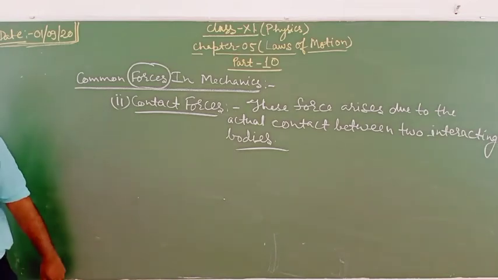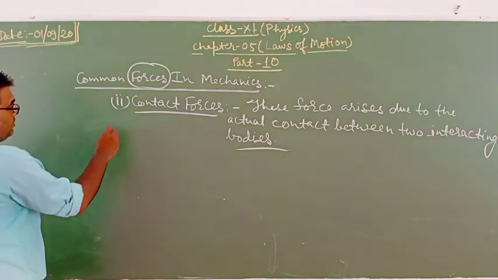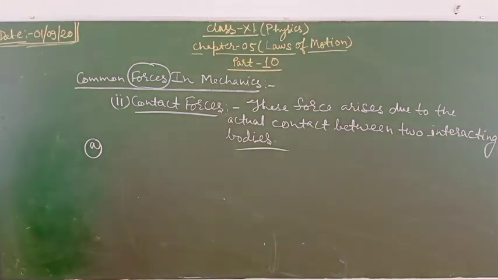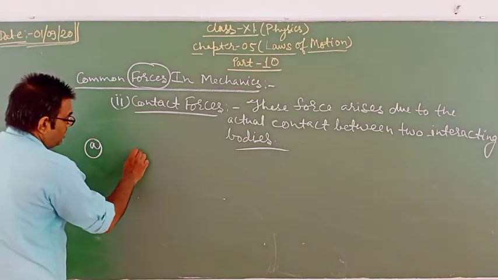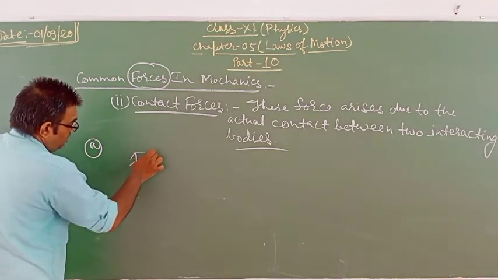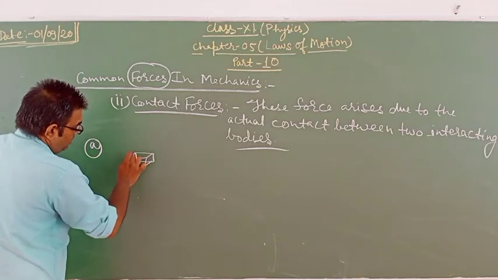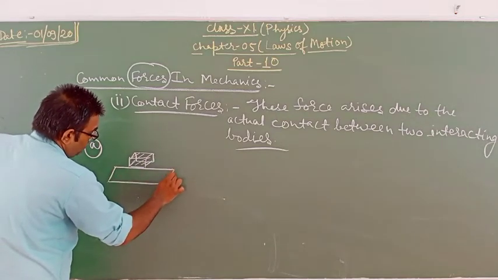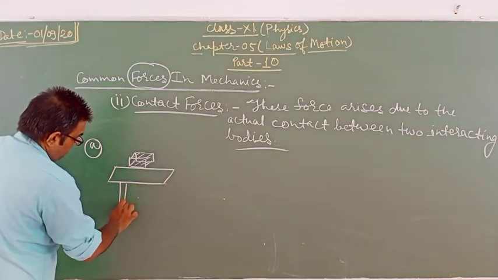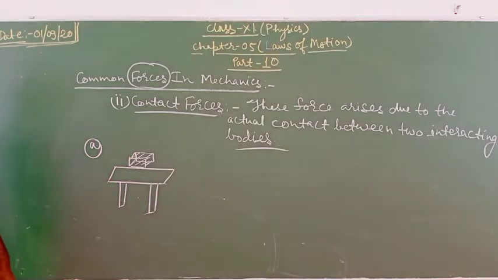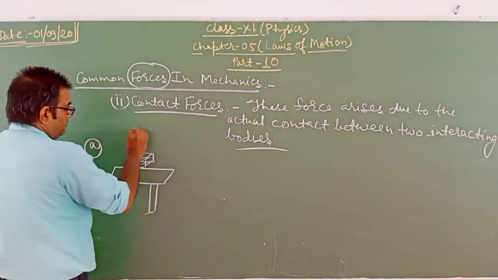For example, first example, suppose it is a book, and this book is kept on the table.